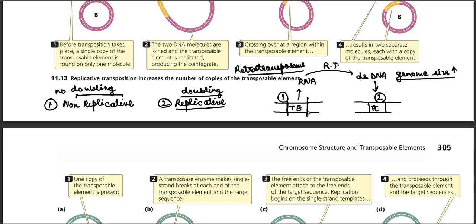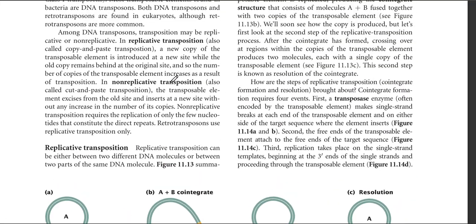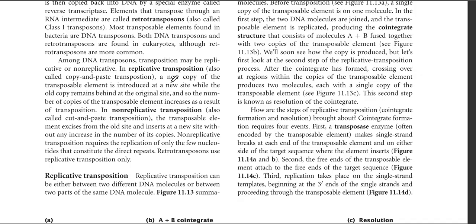So overall, we come to know that the genome has been duplicated. No doubt this element is duplicated, but the way of duplication was different. So still it will be considered under the replicative mode of transposition. So now we should talk about both of them in detail. First, let us talk about the replicative transposition.